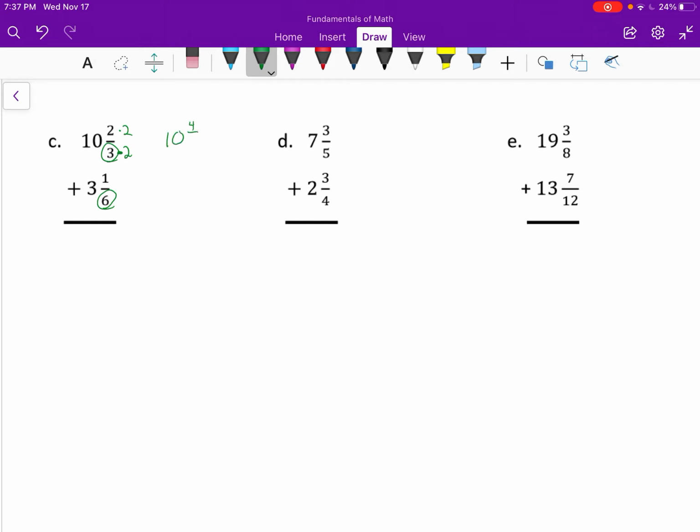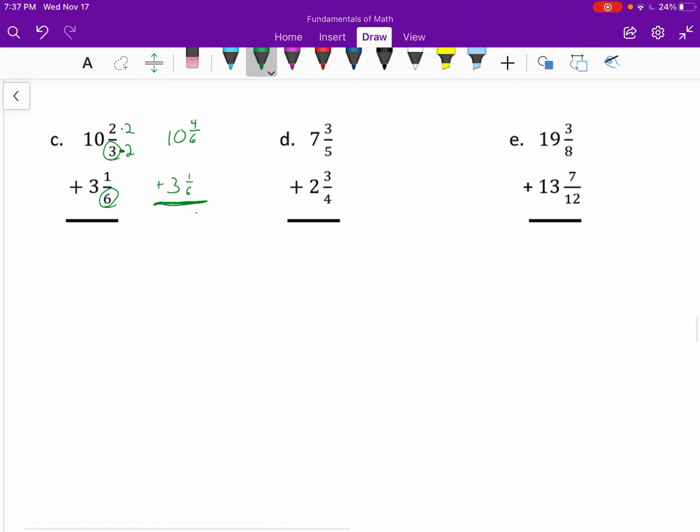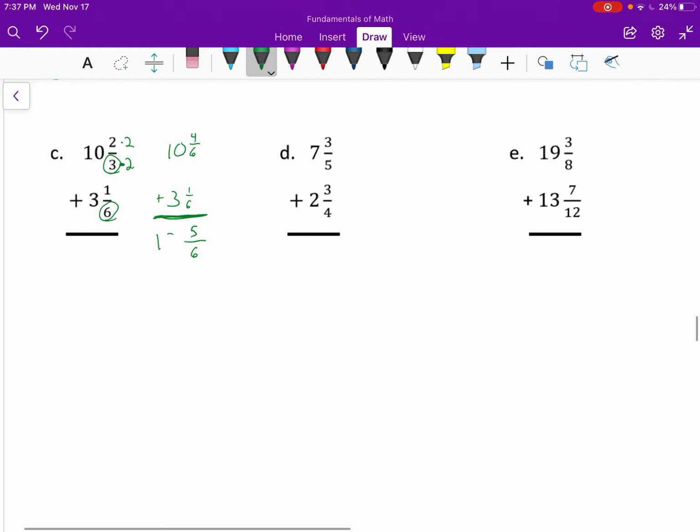We're going to have 10 and 4/6 plus 3 and 1/6. We add the fractions, that is 5/6, and 10 and 3 is 13. Can we do anything with that fraction of 5/6? It's a proper fraction. It can't be reduced. So 13 and 5/6 is our answer.